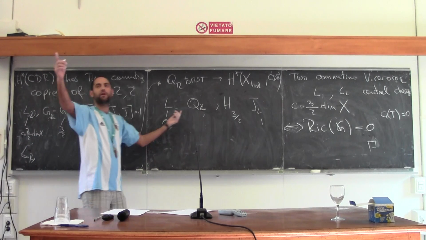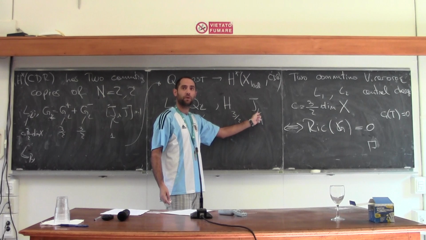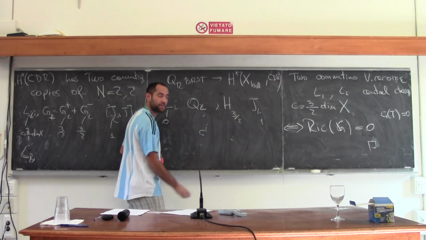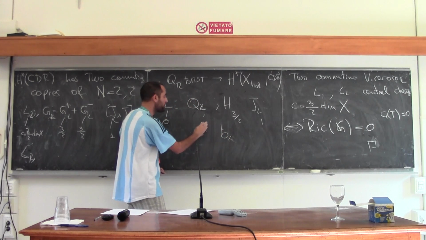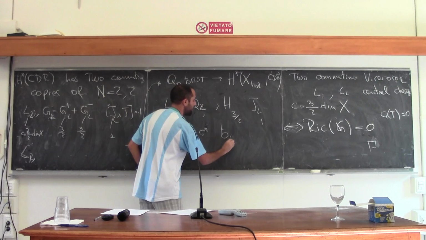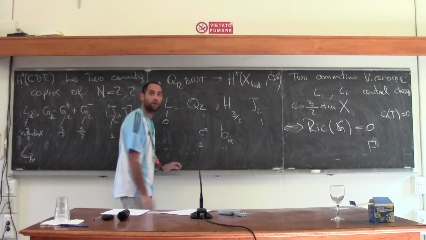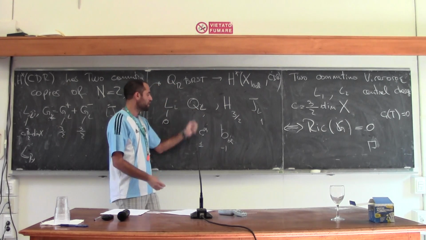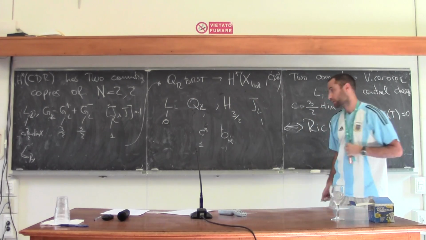So your BRST differential, the complex is as follows. This U(1) charge locally is counting how many bosons, c^i, b_i I have. Now I need to be careful, I am in a holomorphic coordinate, so this should be c^α, b_α. And this has charge 1 and this has charge -1. And the J_0 counts this charge. And the Q_0 increases charge by 1.